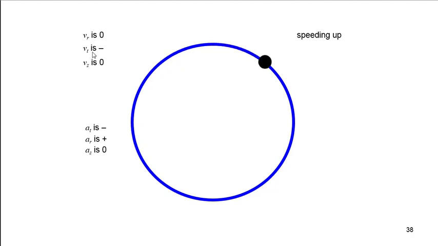So in this case, my tangential velocity is negative, and I'm speeding up, so my tangential acceleration is also going to be negative. Now, completely separate from that, I'm moving in a circle, and anytime you move in a circle, you have a radial acceleration. This is what we call centripetal acceleration. That's positive anytime you're moving in a circle.